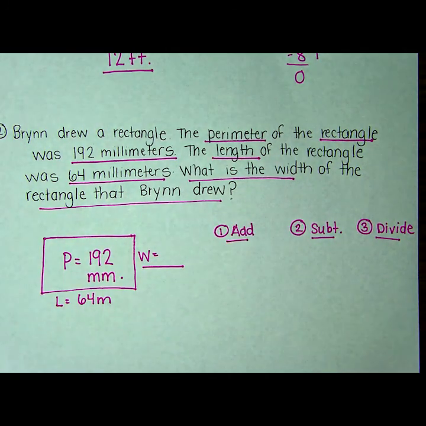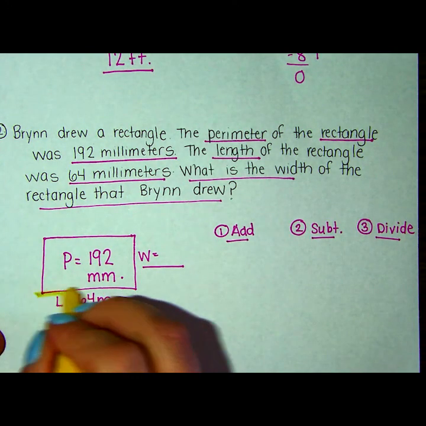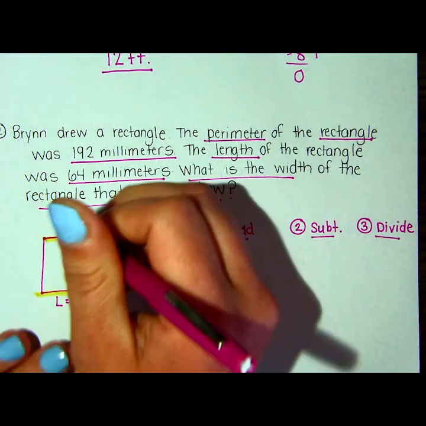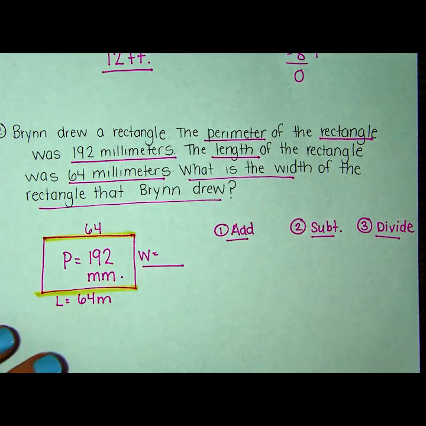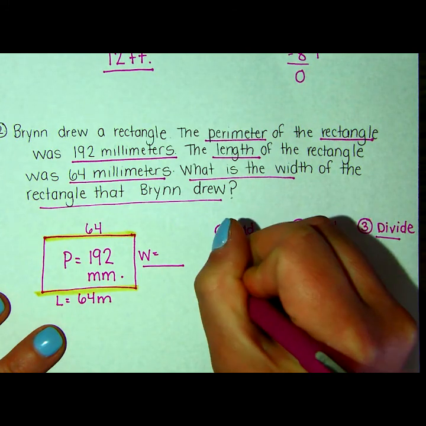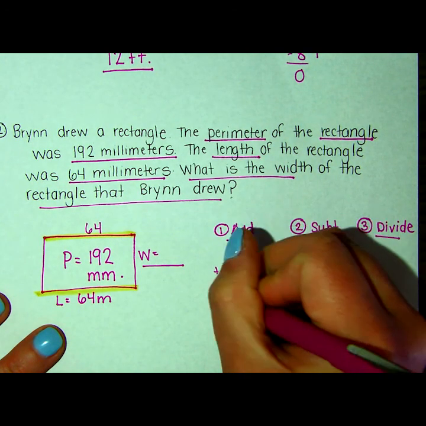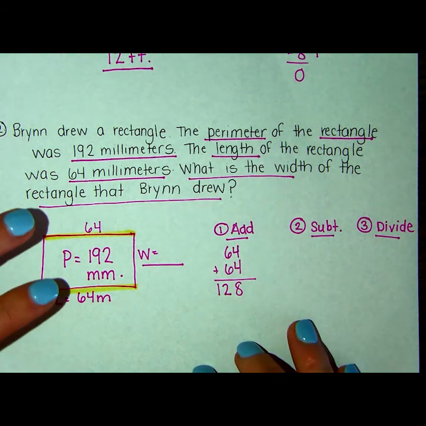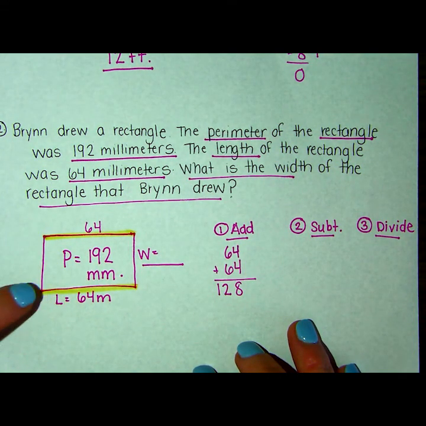First thing we need to do, if this side is 64, then this side is, you probably just said it out loud, 64. So let's add what we know. 64 plus 64. 4 and 4 is 8, 6 and 6 is 12. 128. So far, we've used up 128 out of our 192.